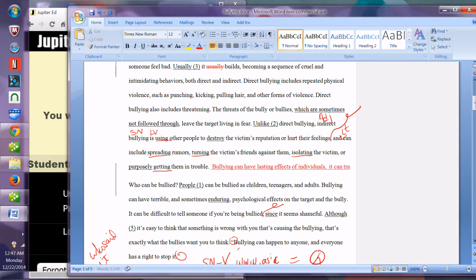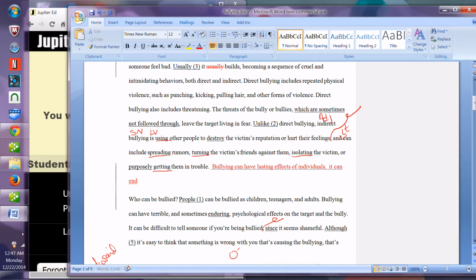It can end tragically, as in the case of Rebecca Sedgwick, and it can be stopped through, how about, education or through telling someone?